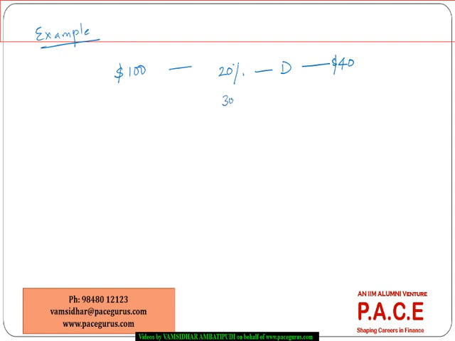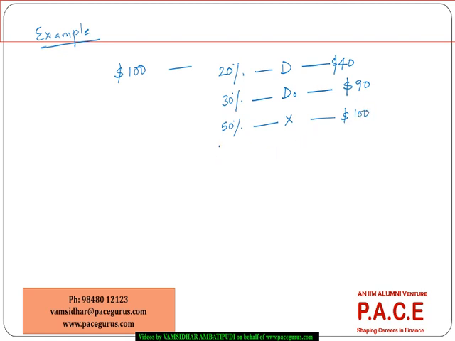But there is a 30% chance that it will be downgraded. Credit worthiness will go down. In that case, it is not defaulting, it's only downgraded, and the worth of the bond is going to be $90. The remaining 50% chance is that the bond will not default or get downgraded, and in that case, it's going to be $100.